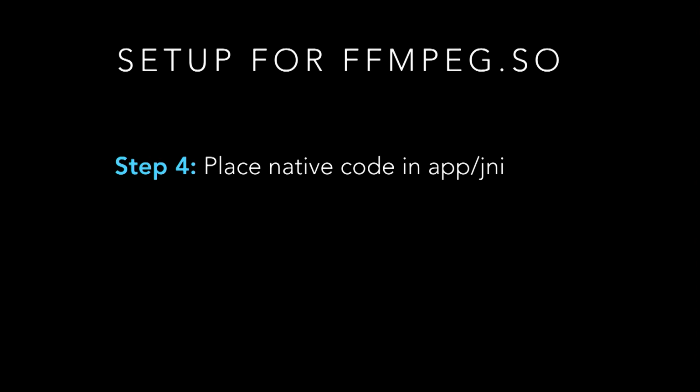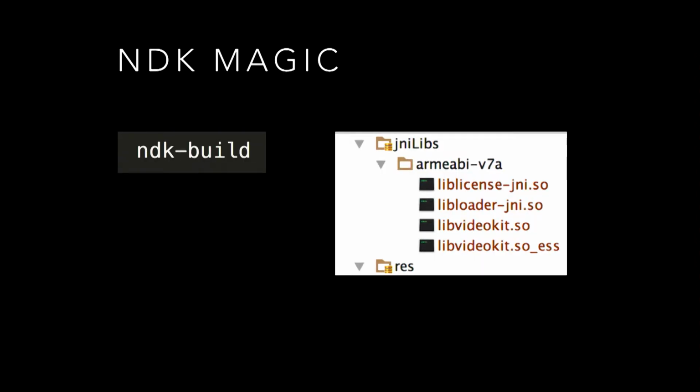It's going to also look at the same configure script that we used for the previous executable file technique. And it's going to produce these .so files. So once you get the .so file, you can put it under the jniLibs folder in your app under the architecture that you compiled it for. So you'll have to make different folders for each architecture.